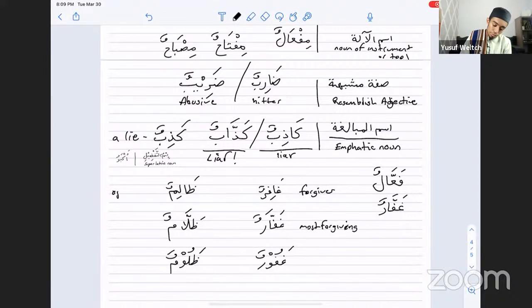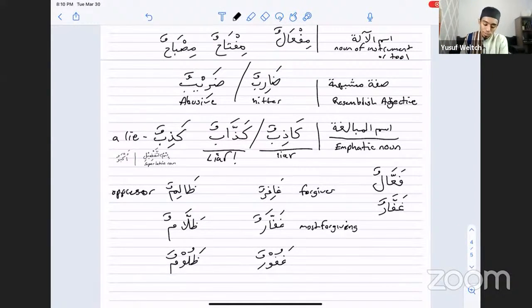Oppressor or wrongdoer. Now the next few words are going to have the same exact translation, except that you're going to have to account for the type of word it is. So ghaffar is an emphatic noun, whereas ghafurun is sifatu mushabbah, that resembling adjective. It's a permanent quality. So it's actually the most emphatic of all the 3.